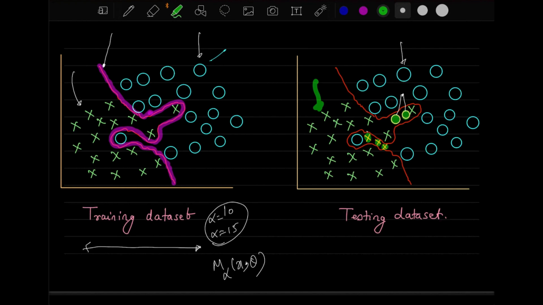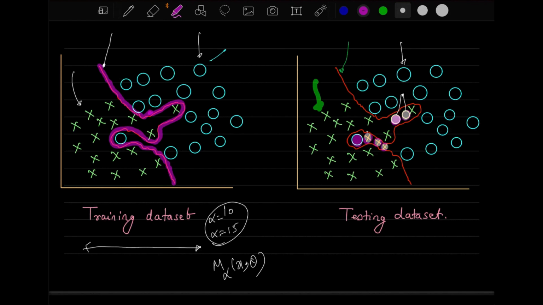Now the problem is, because you have decided on an over complex model, which is actually overfitting, you can see that even for this case, though it is 0, it will be treated as an x. And in this case, though these points are x, they will be treated as 0, because the curve has overfitted properly.